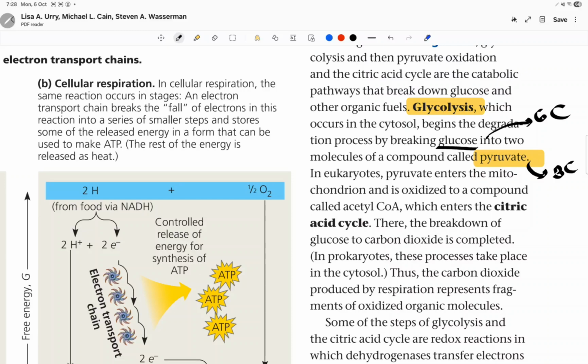Now, the pyruvate is not going to stay in the cytoplasm. It now has to move inside the mitochondrial matrix using a transport protein. And then it has to be made into acetyl-CoA, which will then enter the Krebs cycle, also called the citric acid cycle. You will then make CO2 by this cycle, which you guys will exhale.